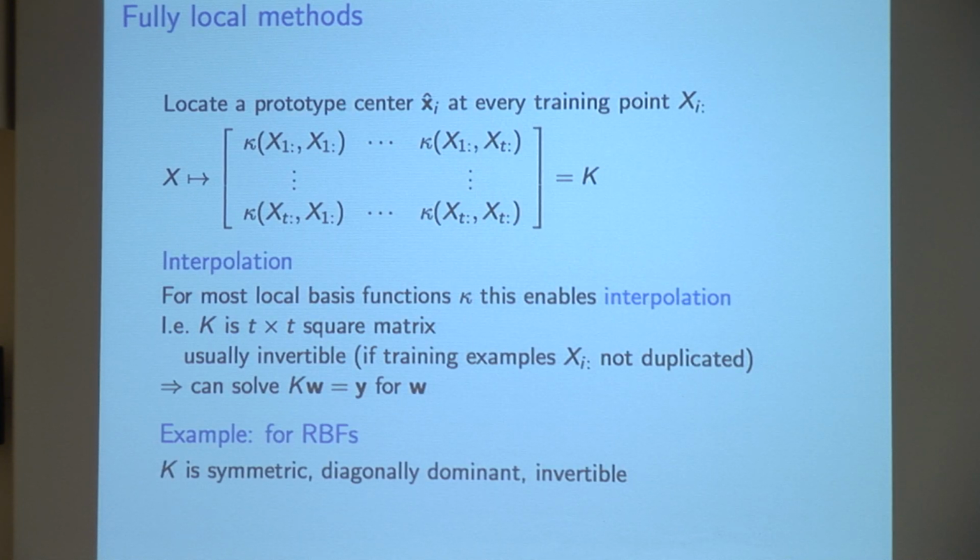OK, so if we're going to use local similarity, I'm going to re-represent data in terms of a vector of similarities to other data. The most natural way to do this, of course, is just to make every data point a center. Now, the centers don't have to be data points, right? It could be just some set of points you pick somehow, cluster, whatever. But the simplest, cleanest way to do this is just to put a center on every training point.